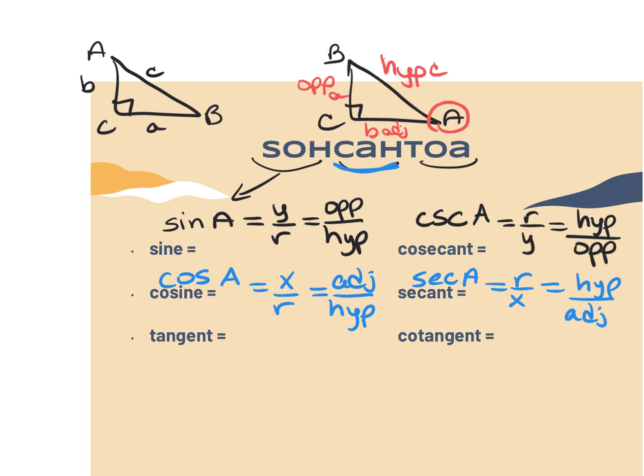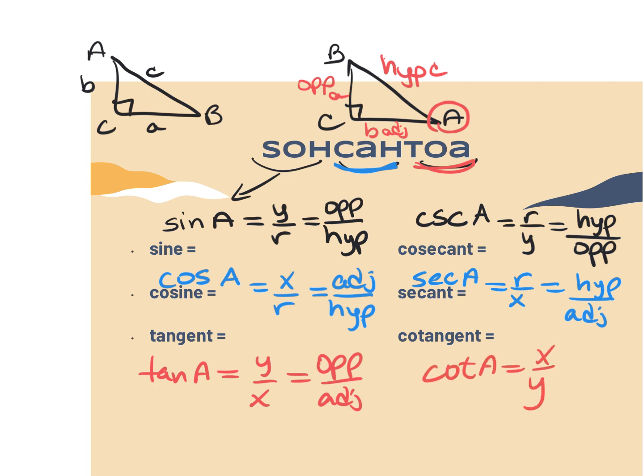And then lastly, you could do your TOA, or your tangent. So the tangent of angle A, y over x, or using the TOA, opposite over adjacent. Cotangent, just flip that, x over y, or adjacent over opposite. Again, remember, you're only doing these 6 trig functions for the acute angles.